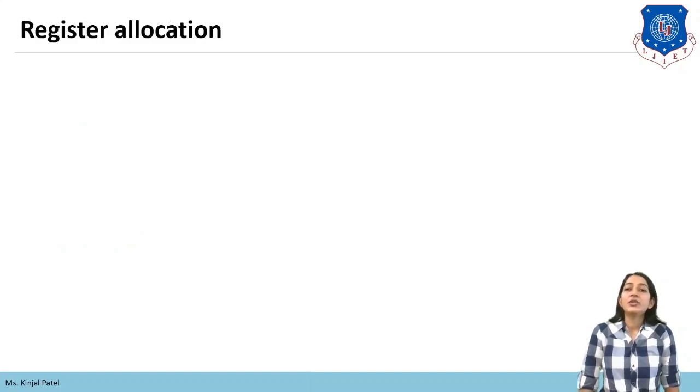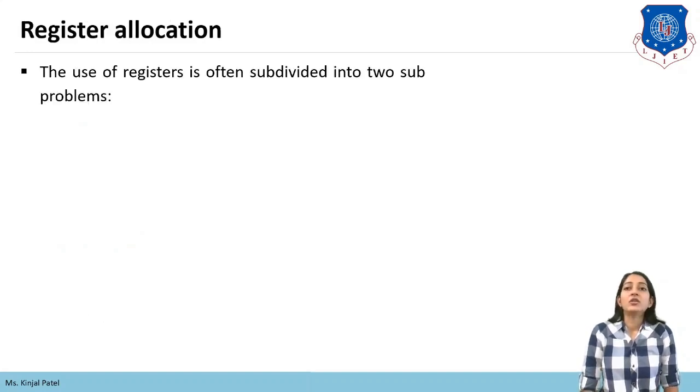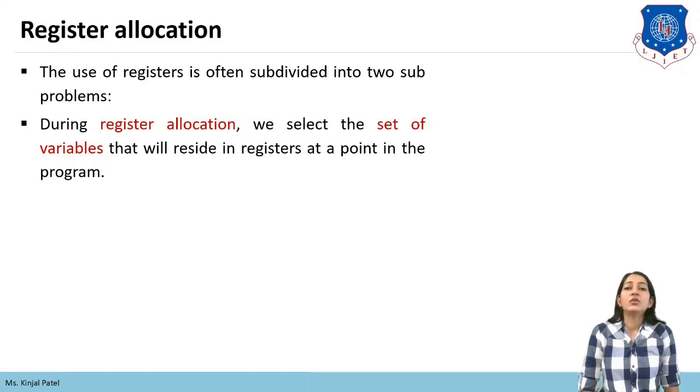Now the fifth issue is register allocation. The use of registers is often subdivided into two sub-problems: register allocation and register assignment. The first problem is register allocation.